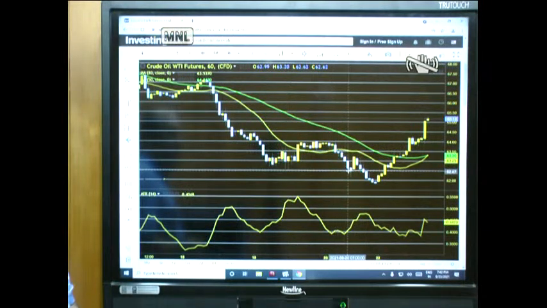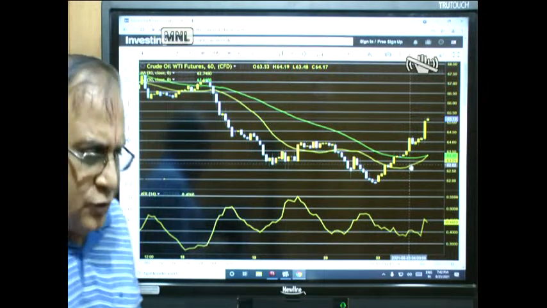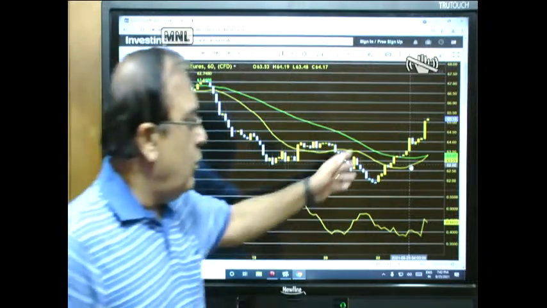So whatever we entered here, we would have exited here, and probably we would have also looked towards going short below this. So whatever small loss or profit, we would have come out of that particular position.